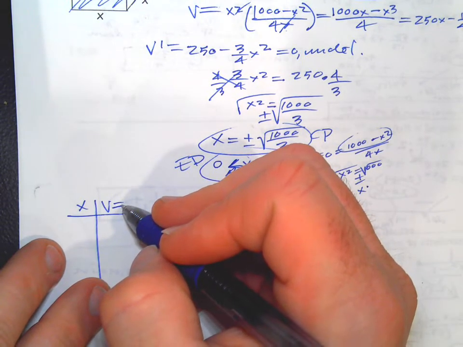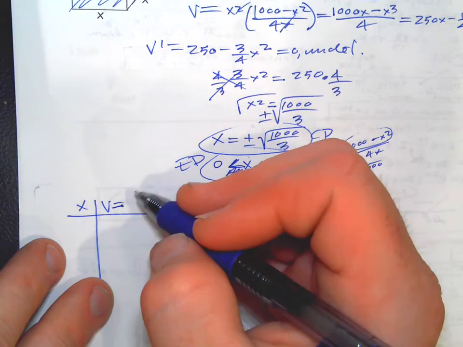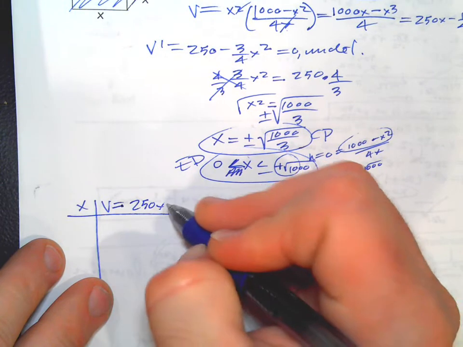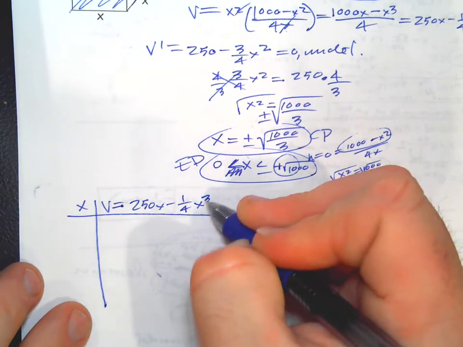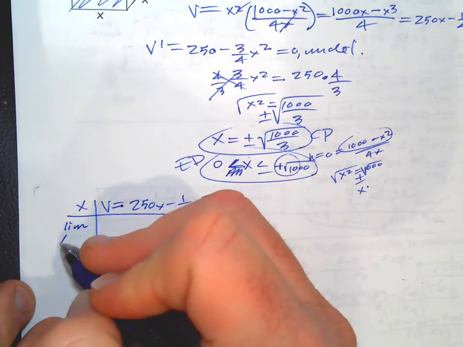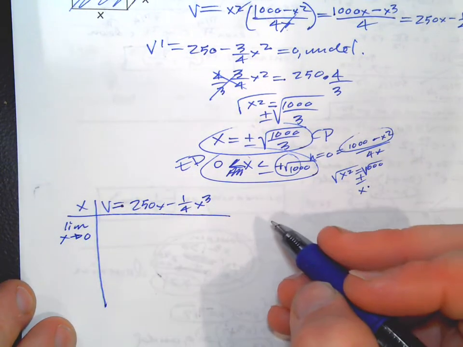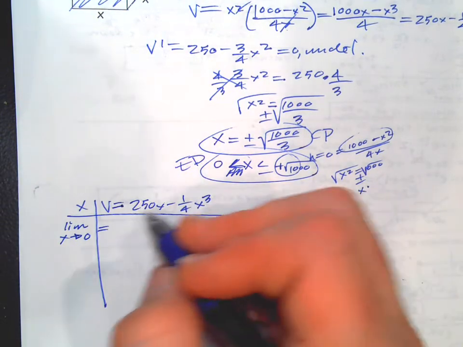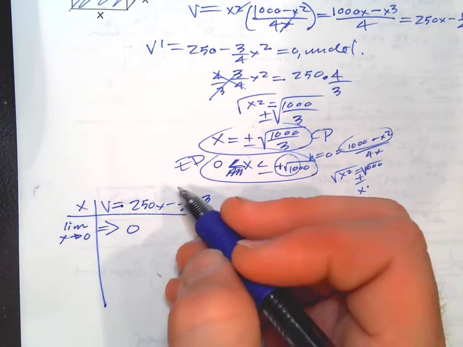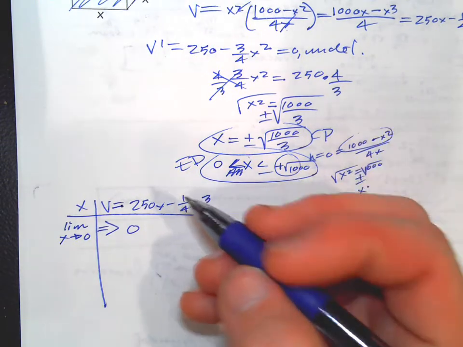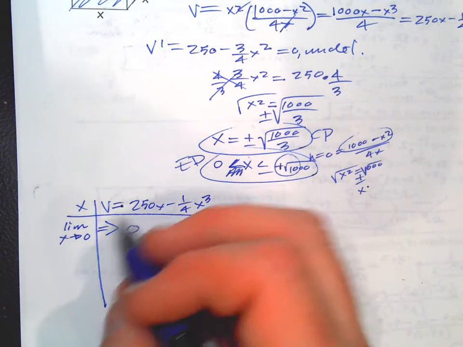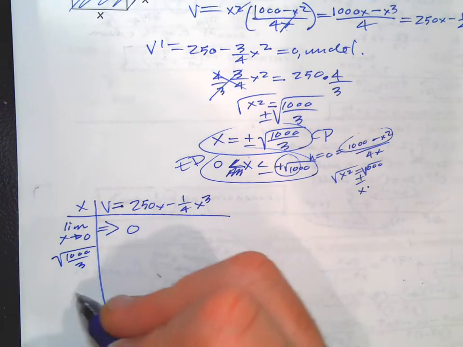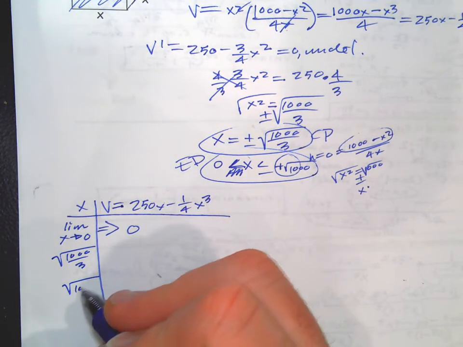Here's the deal: you can't put x equals 0. You can take the limit as x goes to 0. Then this is going to go to 0. It's getting tinier, tinier, tinier. Then the critical point would be the positive square root of 1,000 over 3, and the other endpoint would be the square root of 1,000.